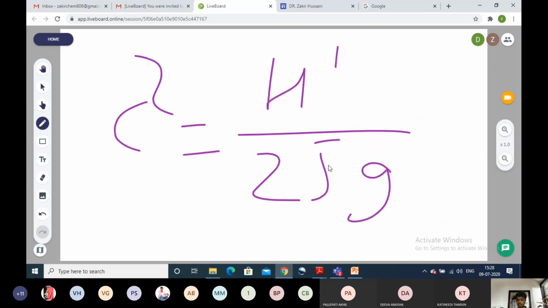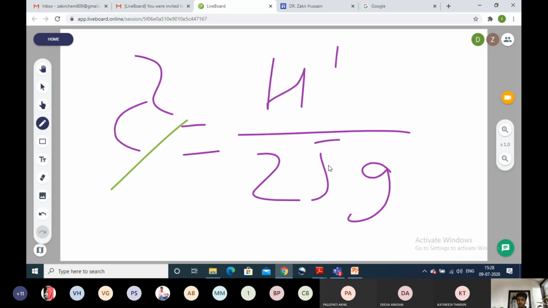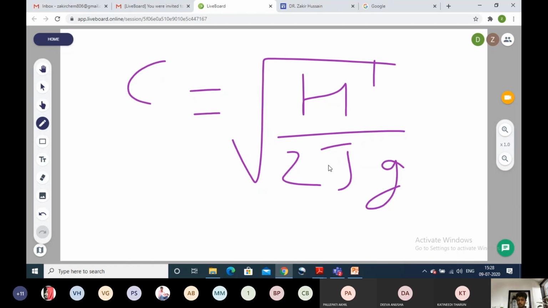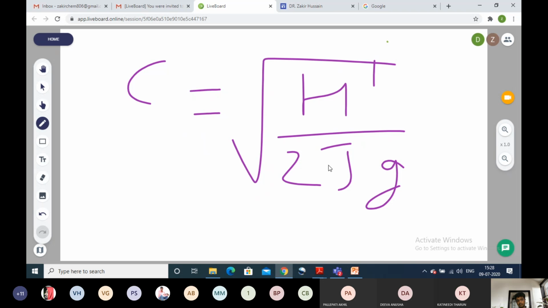From the change in enthalpy, we will get c square; we send this to that side. C square is equal to this quantity h by 2Jgc. So we are sending the square to that side, getting the root on the right hand side, so root of h by 2Jgc.